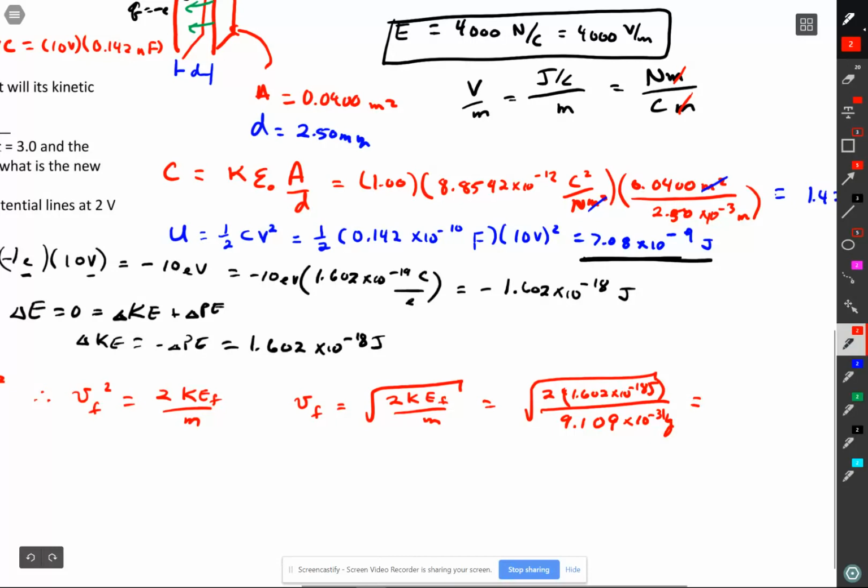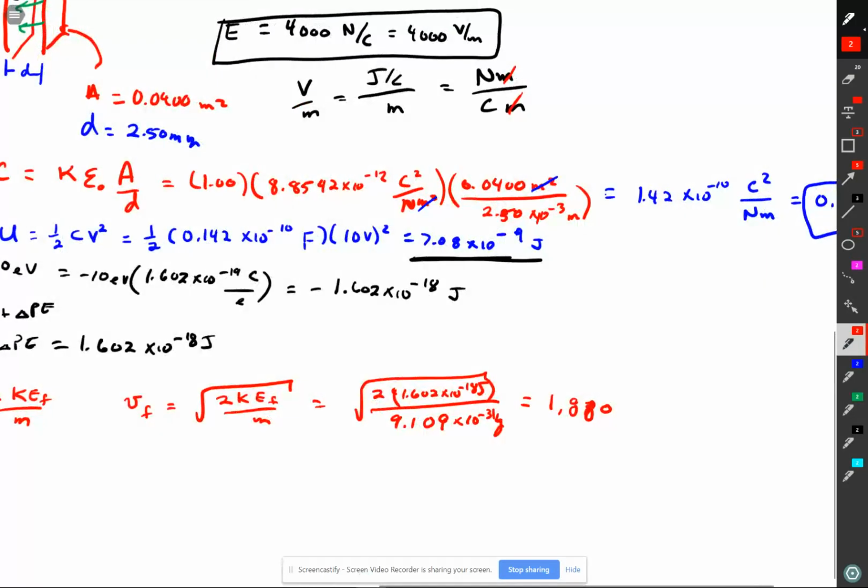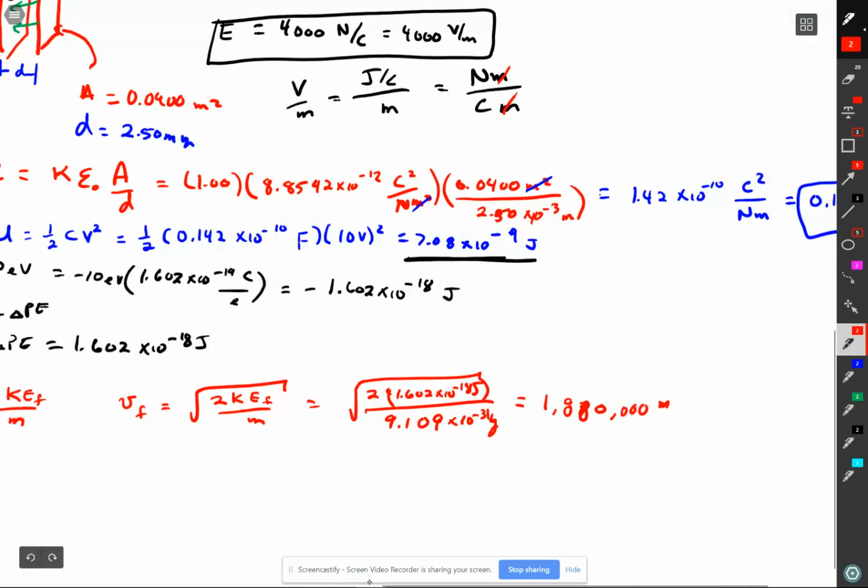And that gives me a speed of, oh my goodness, 1,875, and because I have 3 significant digits, I'm just going to put 1,880. That wasn't 1,000, by the way. That was 1, 2, 3. That was million. That's going fast. 1.88 million meters per second.